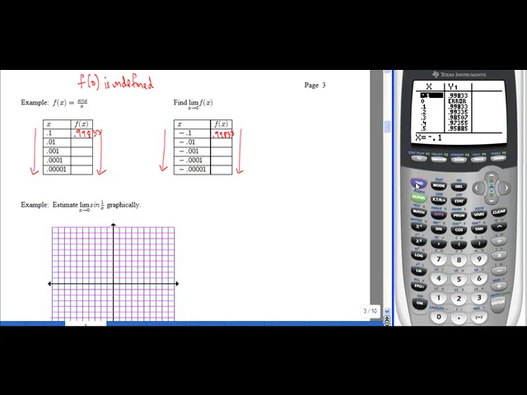Okay, let's change our table set to 0.01, and I'll change my table to 0.01 as well. So at 0.01, we're getting 0.99998, and at negative 0.01, we arrow up here, same thing.